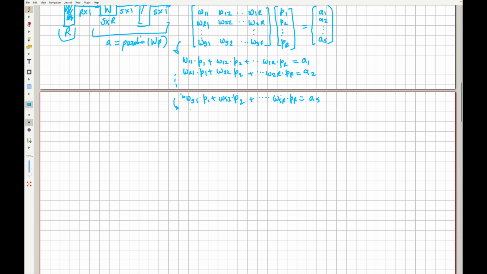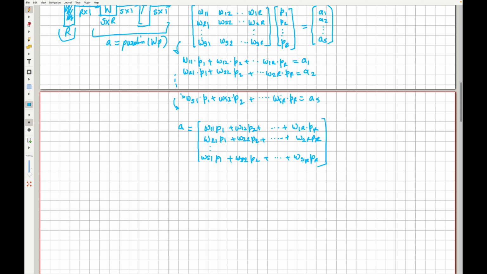And these equations we can put together as a vector A that would be equal to W11 P1 plus W12 P2 all the way up to W1R PR, W21 P1 plus W22 P2 plus W2R PR, and finally WS1 P1 plus WS2 P2 plus WSR PR.